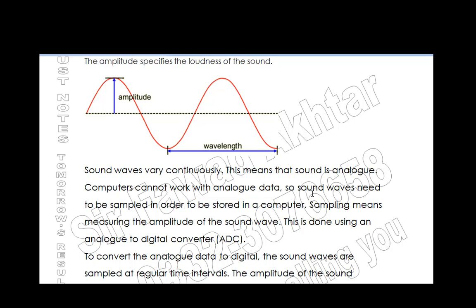So the sound of any kind is an analog value, and if we want to measure it, then we need a converter. It is called an analog to digital converter. And why do we need it? Because if we want to process our sound using the computer system, we need an analog to digital converter.